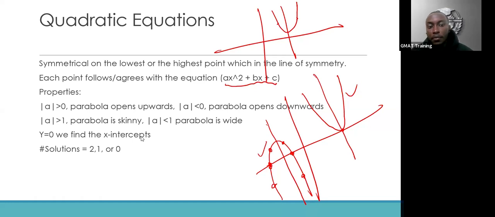So the solutions can be 2 if the quadratic line intercepts x at 2 points, 1 if it touches the x-axis at 1 point, as I said, and 0 if the quadratic equation or the parabola itself doesn't touch the x-axis at all.